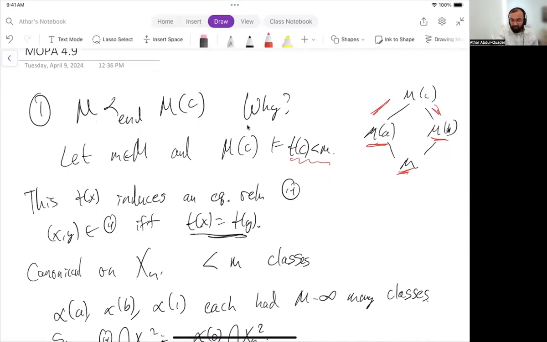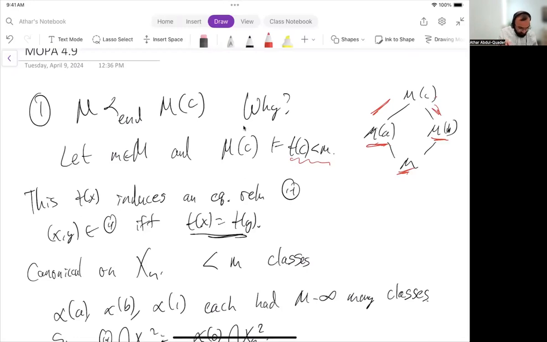But since m of A has nothing in between it and m of C, otherwise you would close under initial segments and you'd get something that's cofinal in between. Right. So a minimal extension has to be either an end extension or a cofinal extension because of Gaifman splitting. Good. Any questions? Okay, great.